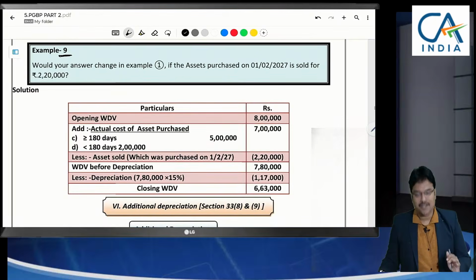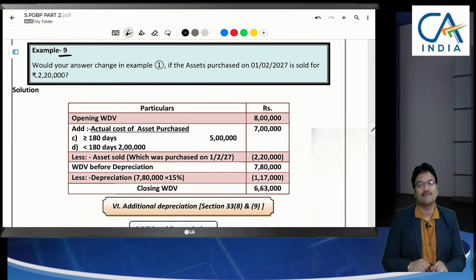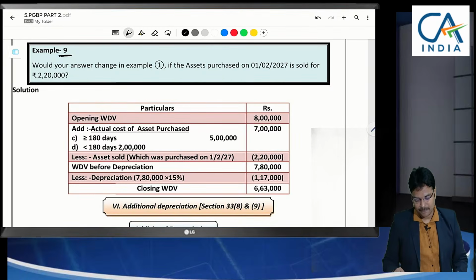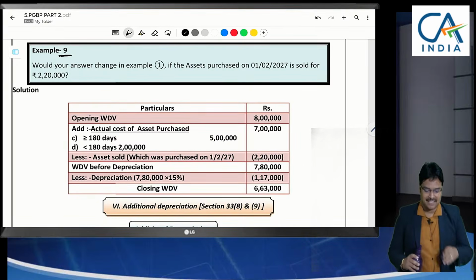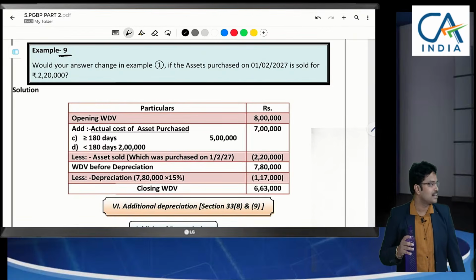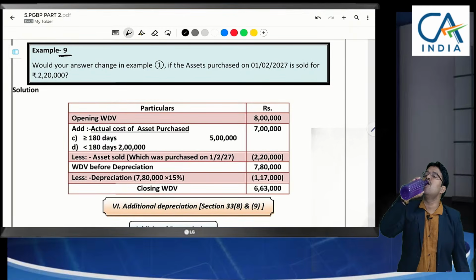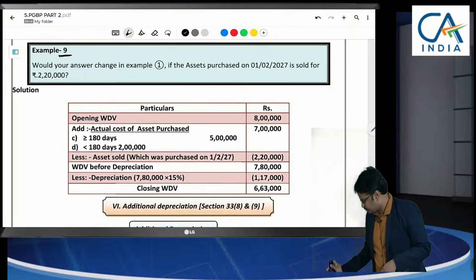This is a special case. What I have usually said is there will be no individual recognition in case of block of assets. The only one case where the individual recognition is available is what we are discussing here. Would your answer change? In example 1, if the asset purchased on 1/2/2027, that means the second asset which was purchased, is being sold now for 2,20,000.